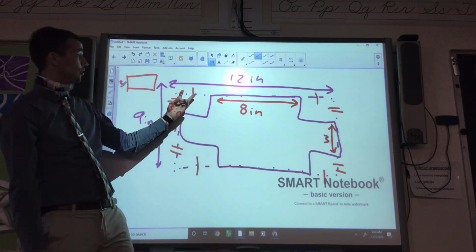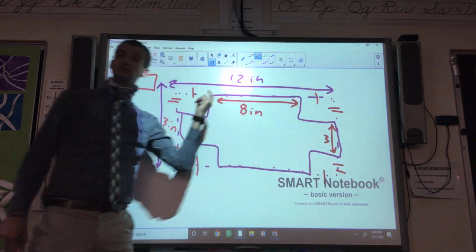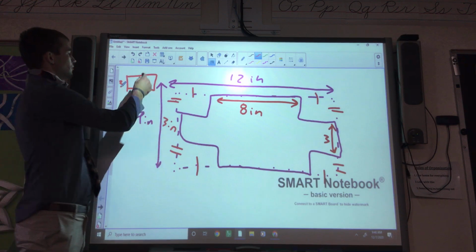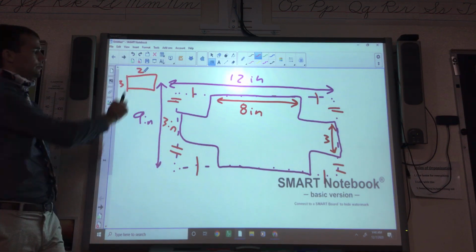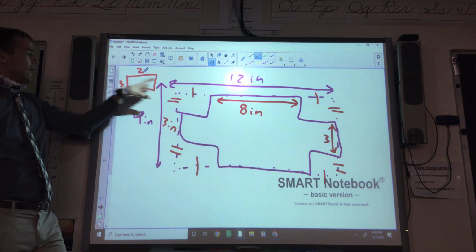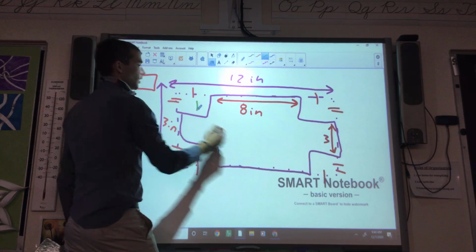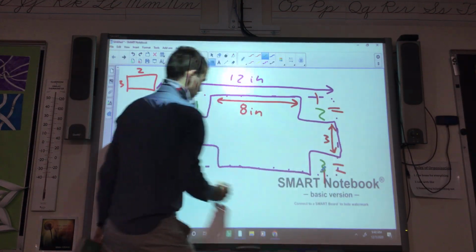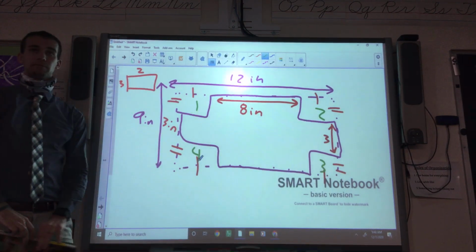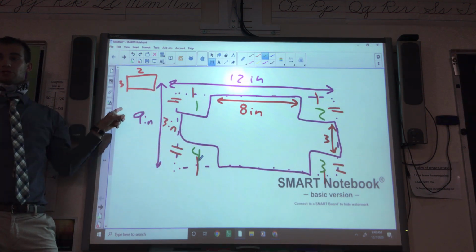So we have 4 inches to go between these 2, which are both the same size, which means 4 divided by 2 is 2. This should have been drawn differently so it doesn't look like this side is shorter, but every single one of these rectangles, 1, 2, 3, and 4, is 3 by 2 inches.